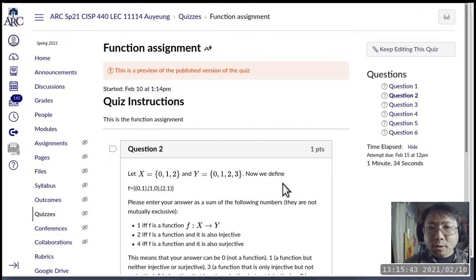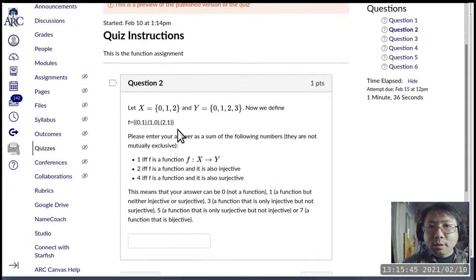All right, this one also looks good. So this one is a function because we can see that 0, 1, 2, they all appear once and only once as the first item of a 2-tuple in f, so that's good. So that means we have at least 1, okay?